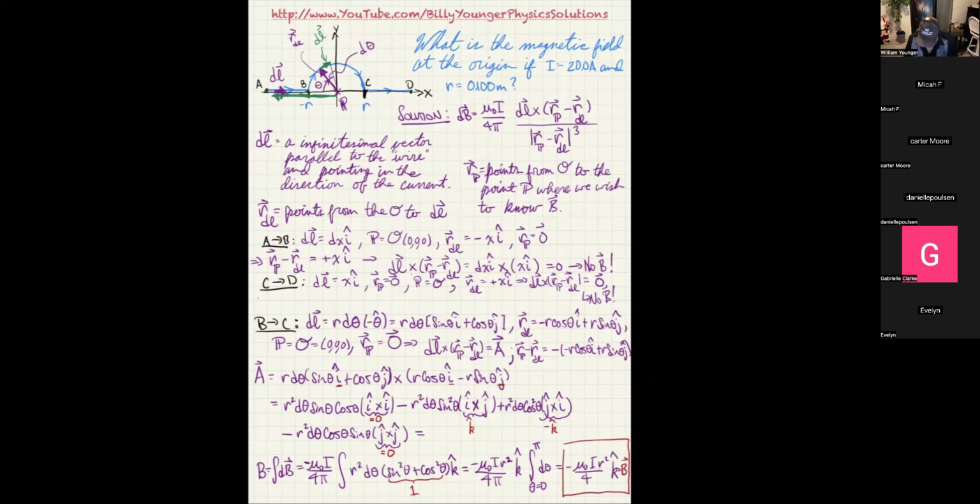Okay. So that's kind of wild, right? That's the whole answer. But what I want you to understand is it's actually not that bad to understand. If this was a whole circle, what would the angle I integrated through be? Anyone? Would it be 2 pi? Yes, it'd be 2 pi.